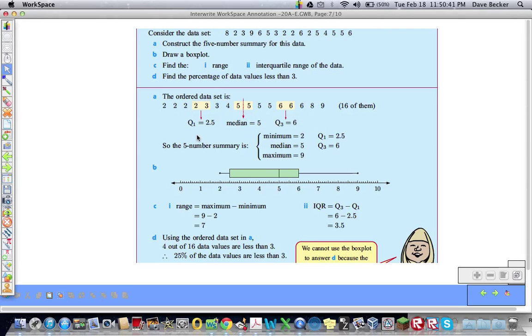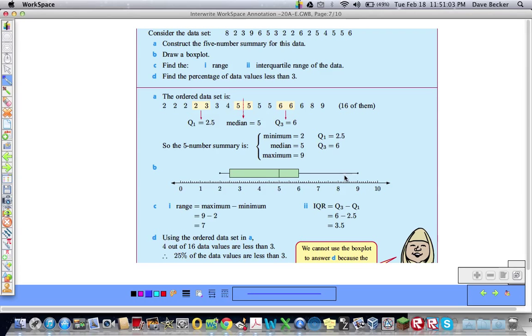It's very, very simple. Okay, so I'm going to say temporarily that you start off with the lowest or the minimum value, 2, and you put a point there, and then the maximum value is 9 and you put a point there.